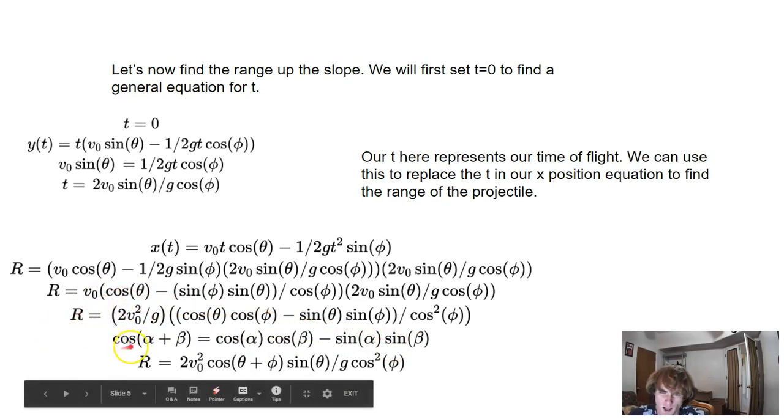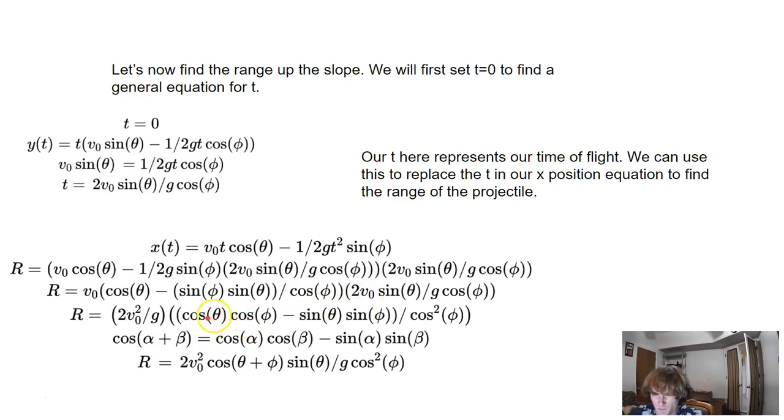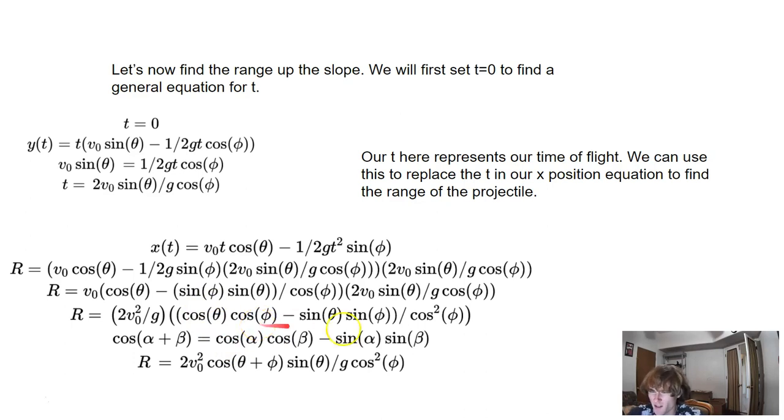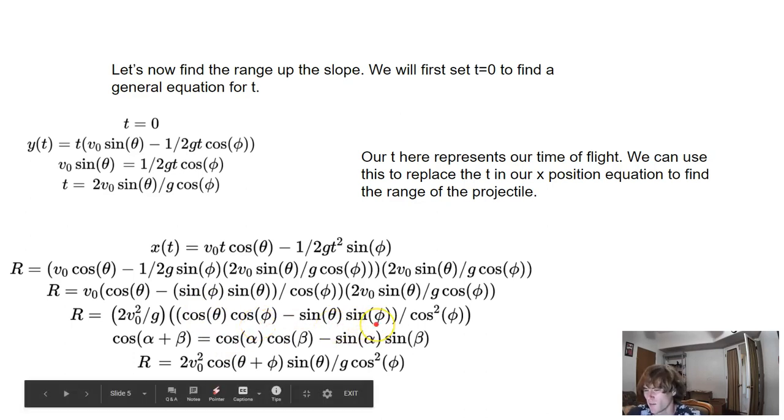Our trig identity is the cosine of alpha plus beta equals cosine alpha times cosine beta minus sine alpha times sine beta. So we have cosine theta cosine phi minus sine theta sine phi, and we can just write that as the cosine of theta plus phi.